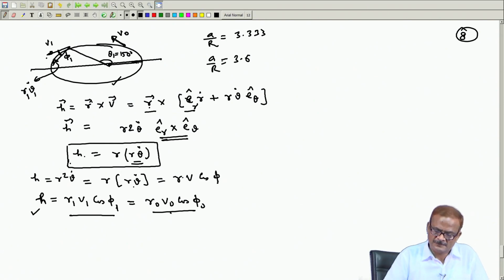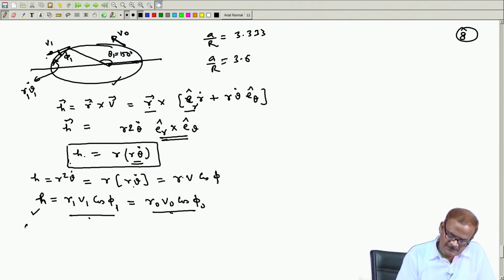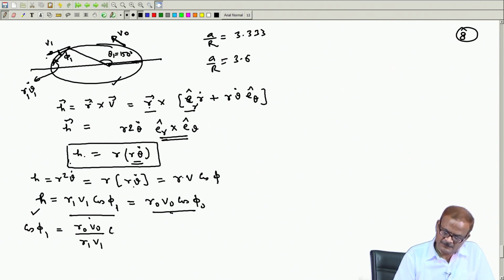This is also h, this is also h, but at two different positions. So, from this place we get cos phi 1 equal to r 0 v 0 divided by r 1 v 1 times cos phi 0. Cos phi 0 of course is known to us.